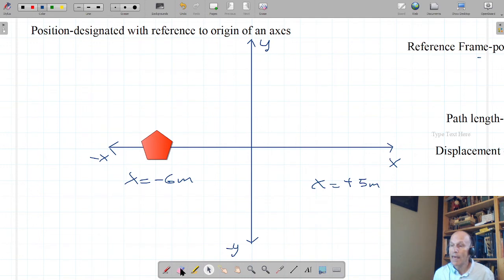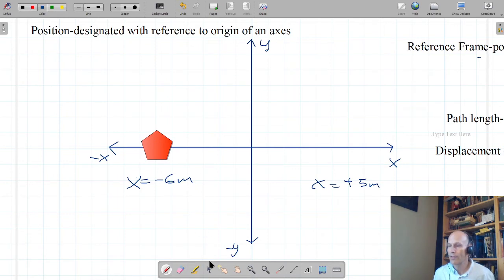Now, I made x here the variable because that's pretty much what we do for the first few weeks of kinematics. A little rusty with my writing tablet, sorry. But y is also a variable. Y could be positive or negative, and we could also have something that moved in both the x and the y.